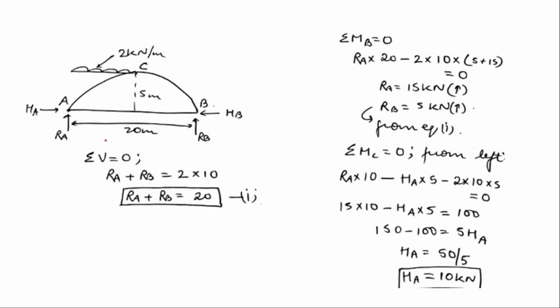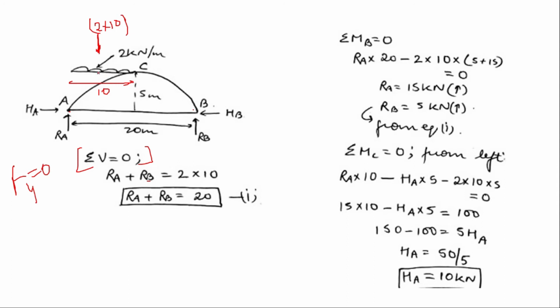So how will we find it? Firstly, we find the vertical reactions RA and RB at points A and B. For this, the sum of vertical forces equals 0, that is, the sum of forces acting in the y direction is equal to 0. So RA plus RB is equal to 2 into 10. The total load of the UDL is the load per meter multiplied by the distance, and this distance is 10.